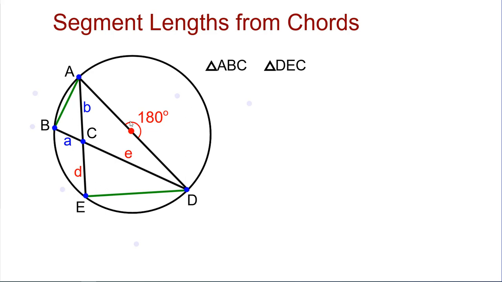If our central angle is 180 degrees, what kind of an angle is this angle? All right, so it is an inscribed angle, and we know inscribed angles are half of the central angle. So it's going to be half of the measurement of this arc. And if that's 180 degrees, this is going to have to be 90 degrees, right? That's Thales' theorem.